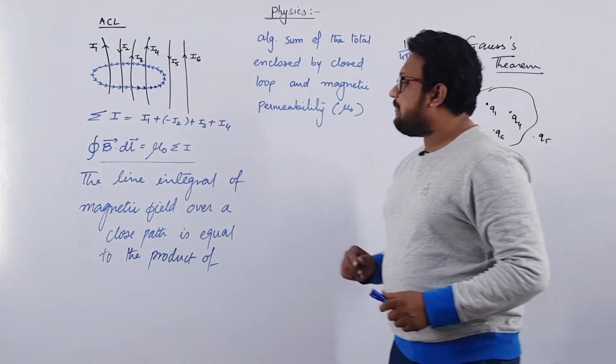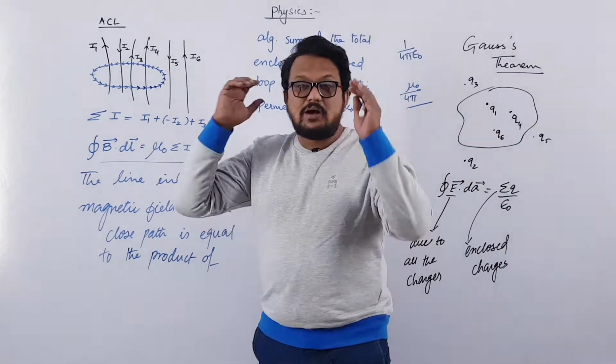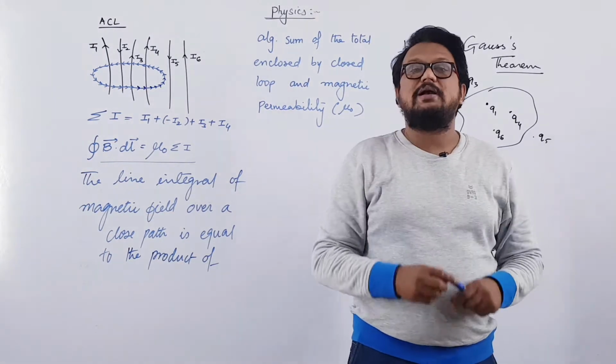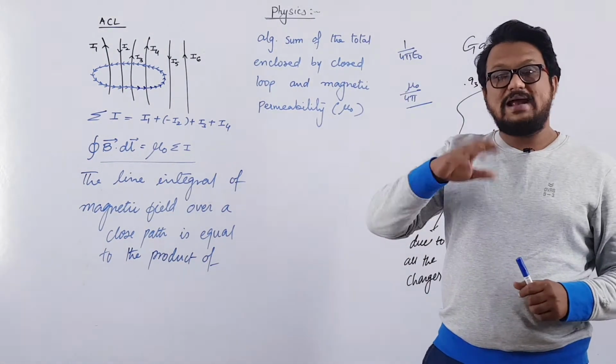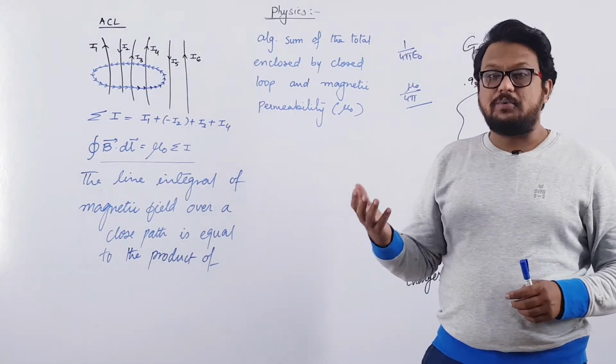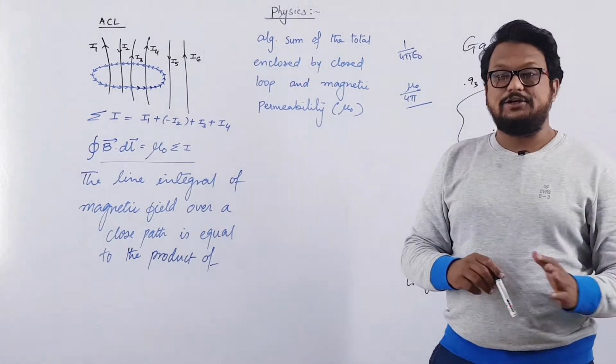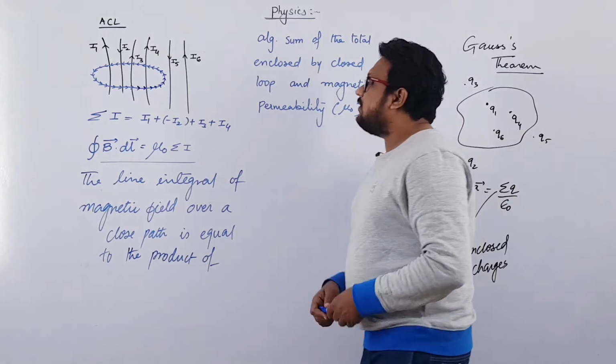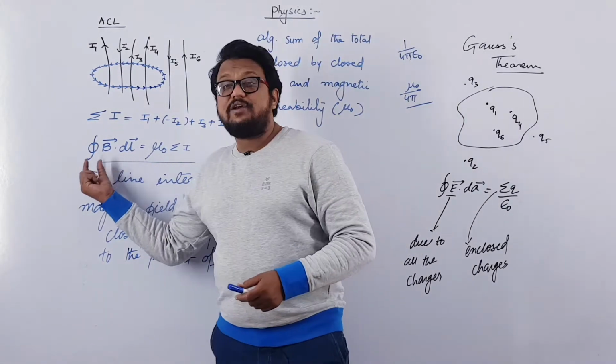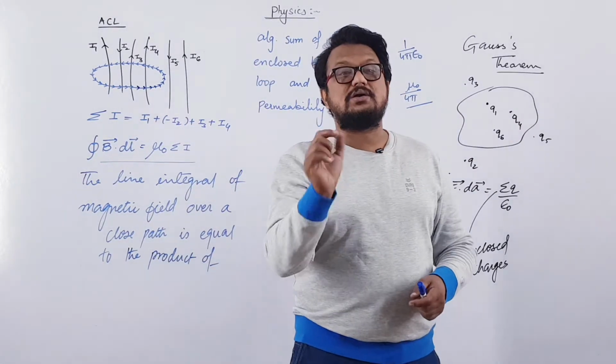Here also you should remember that sigma I is the current only enclosed by that closed loop. The currents which are outside the closed loop must not be considered. On the other hand, the magnetic field will be due to all the current carrying wires.